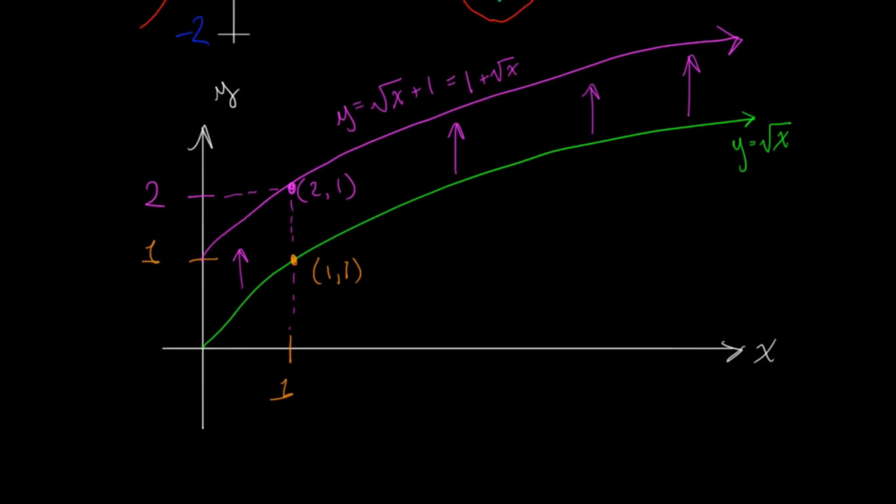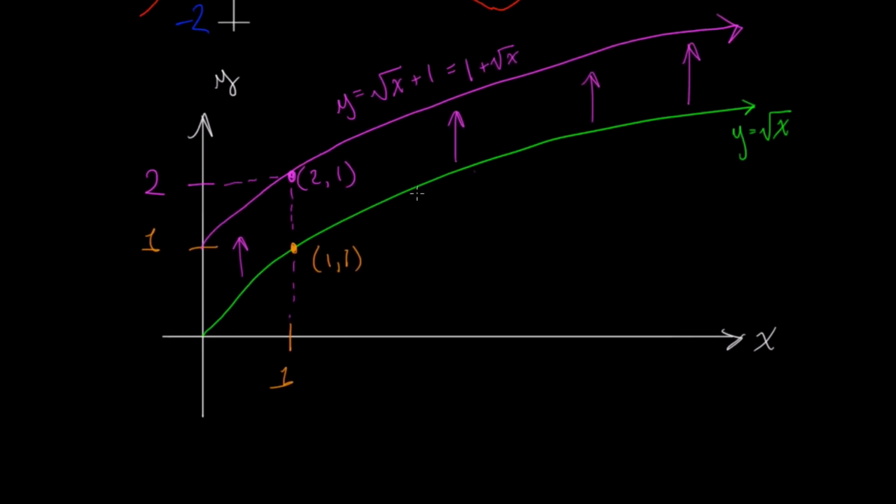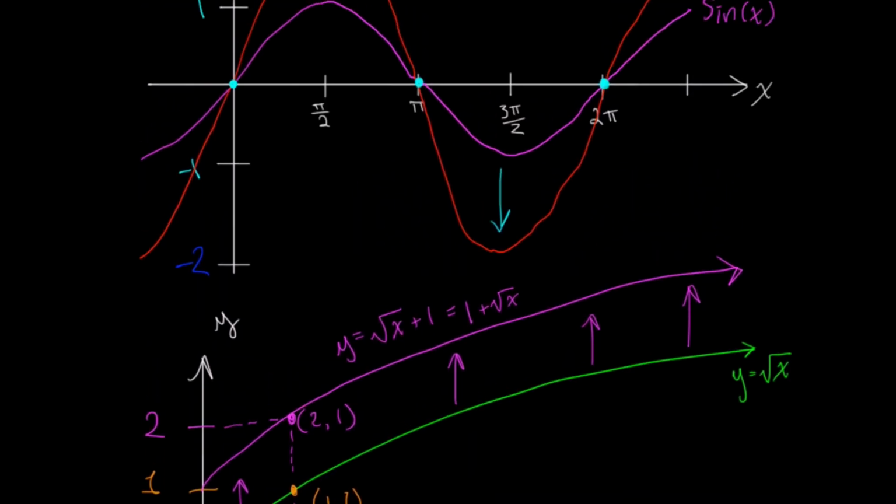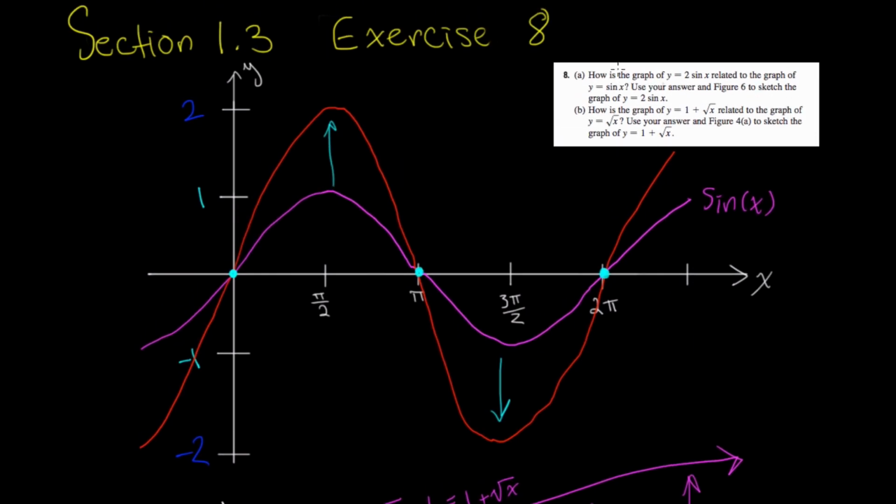They're both defined on the same domain, from 0 to positive infinity, and as they go to infinity, they increase to infinity. So this was exercise 8, both parts A and B. Not too hard.